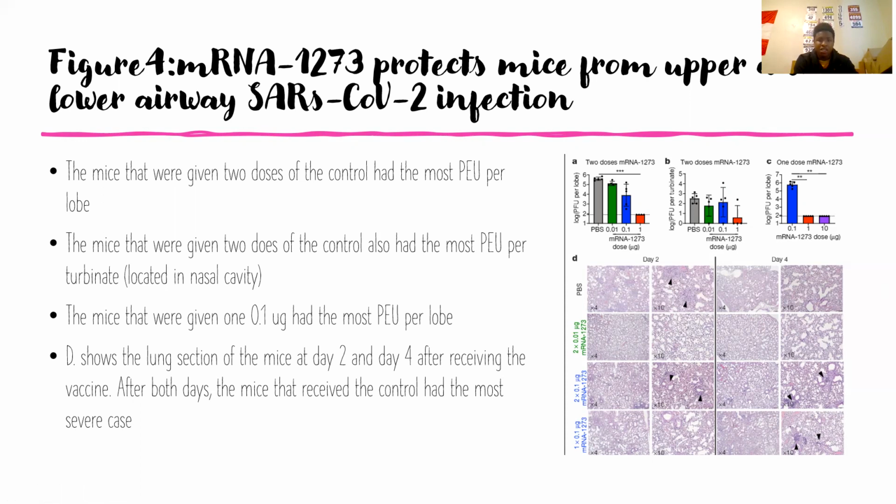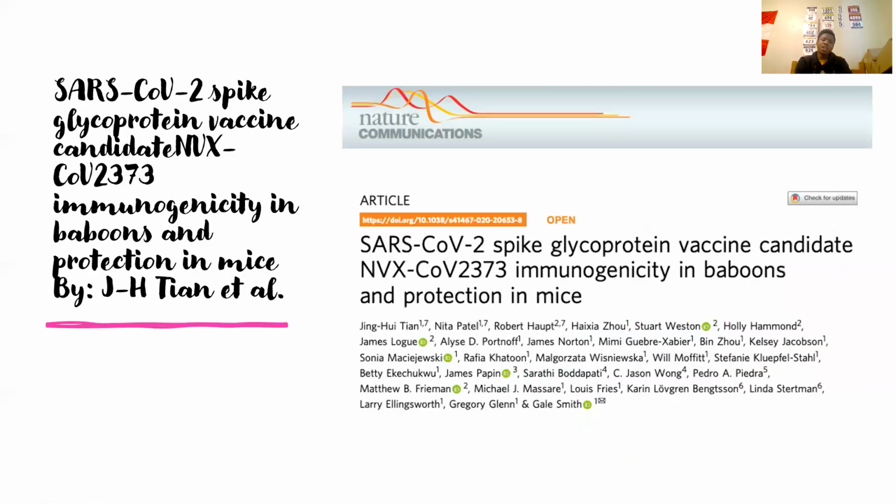This goes into the next article that we discussed, the SARS-CoV-2 spike glycoprotein vaccine candidate NVX-CoV2373, immunogenicity in baboons and protection in mice.